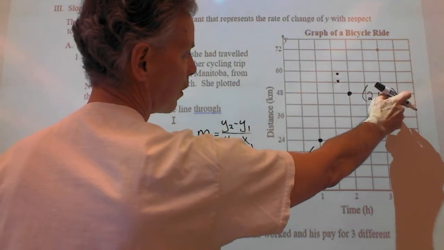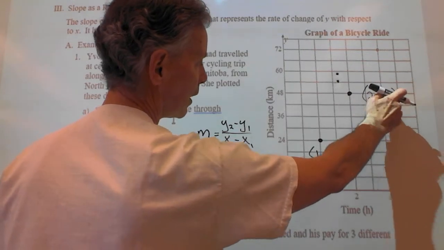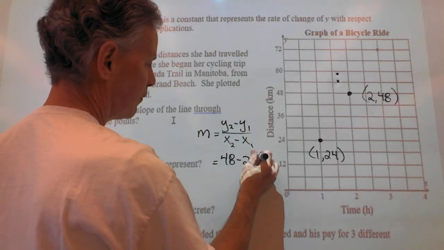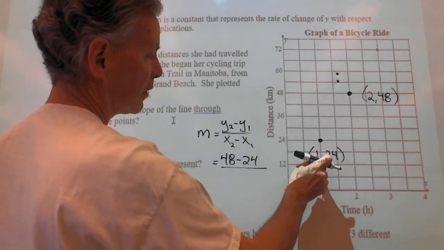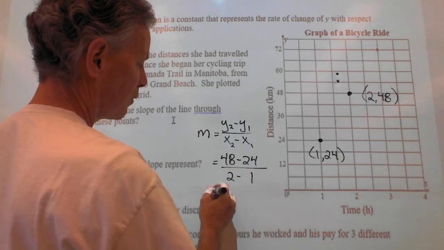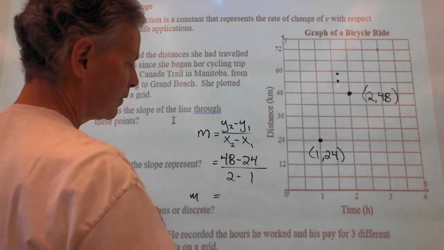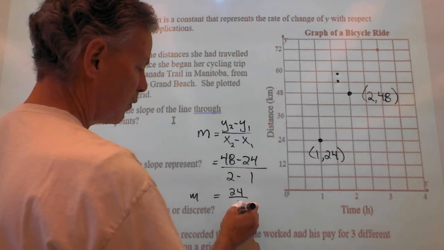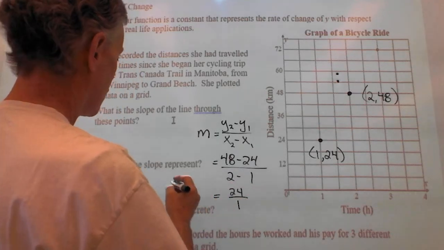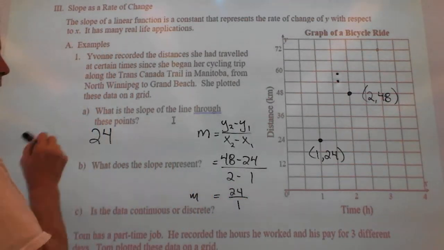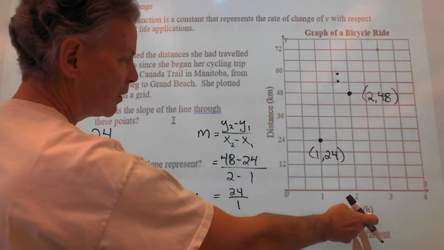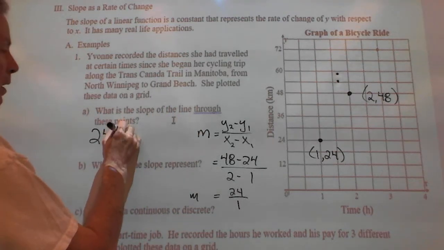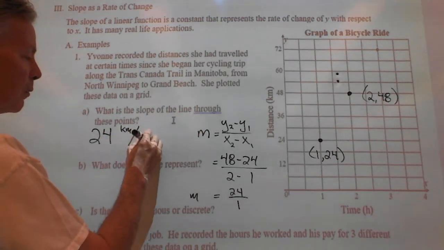We'll pick this as our x2 and y2, so we get y2 minus y1, or 48 minus 24. x2 minus x1 becomes 2 minus 1, and that gives us a slope of 48 minus 24 is 24, 2 minus 1 is 1, or 24. And it's important to use the units if you're given units, if you have a real problem to solve. So it's 24 kilometers per hour.